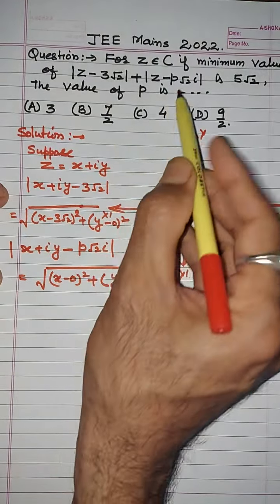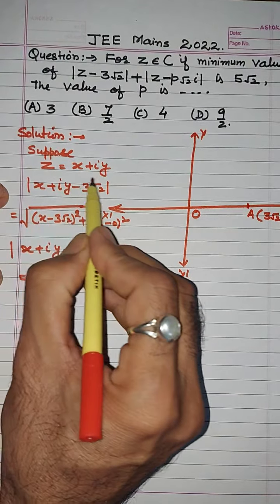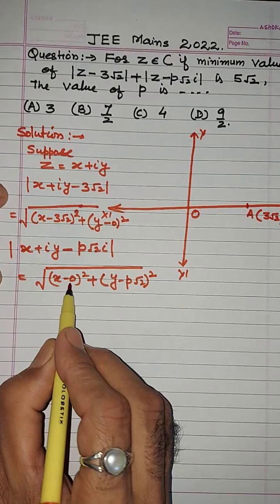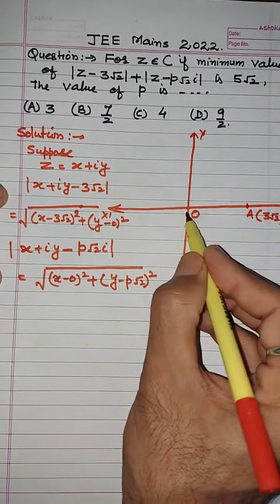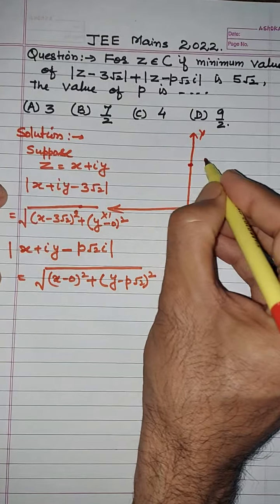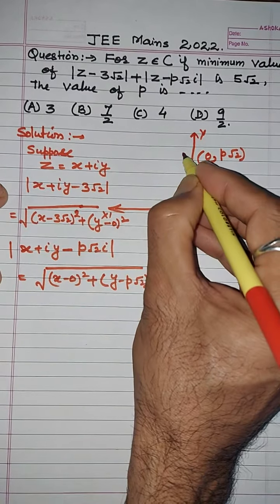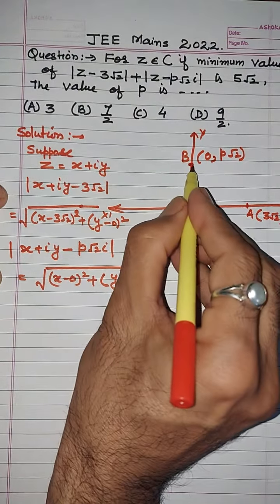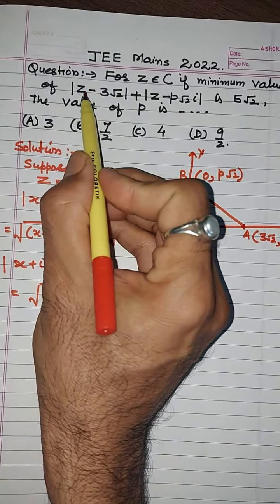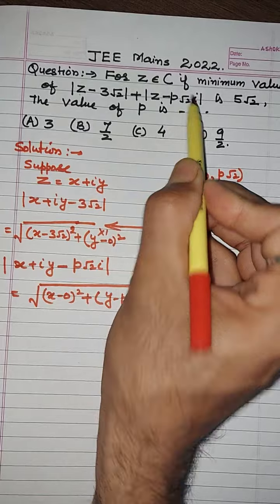This modulus of z minus p root 2 iota is the distance of the complex number z from the point 0 comma p root 2. Here the abscissa is 0, meaning the real part is 0, so the point will be on the y-axis, the imaginary axis. So the point will be like this, 0 comma p root 2. Let this point be B. Join these two points.